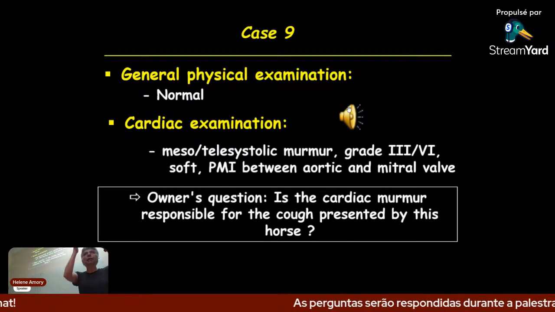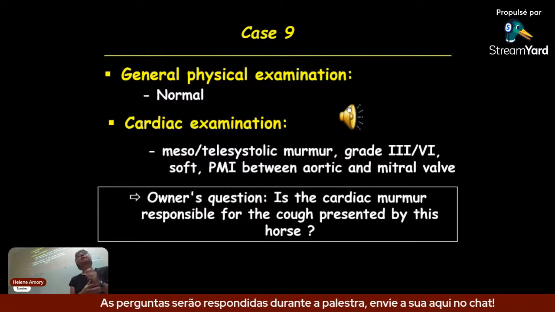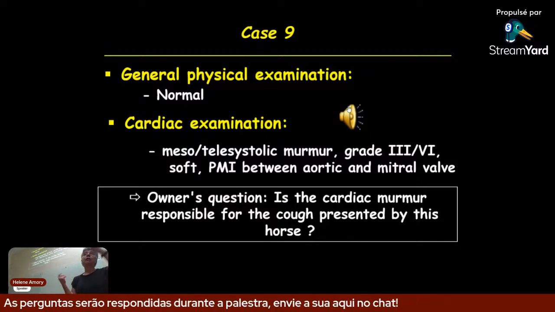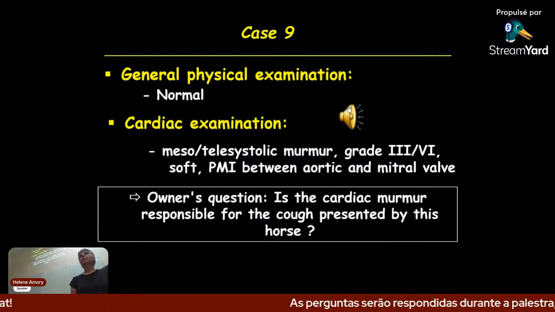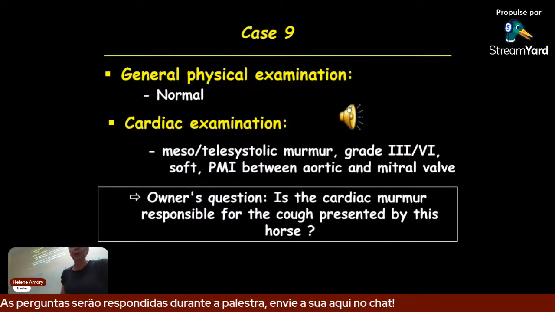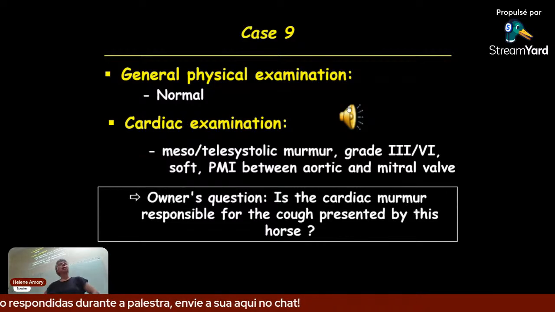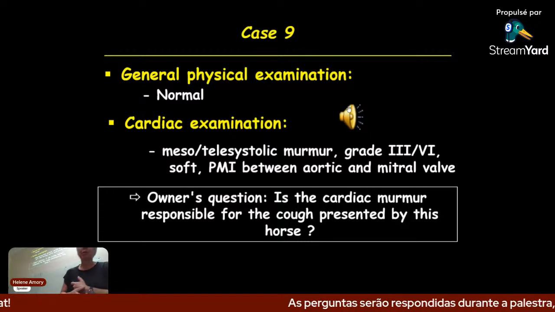It doesn't start directly with the beginning of the systole, and the point of maximal intensity is between the aortic and the mitral area. And the owner said that this horse had a colic 1 week before, and soon the colic is resolved, but the murmur is still there. And finally, my horse is coughing since 2 months. Is the murmur associated with this respiratory problem or not?